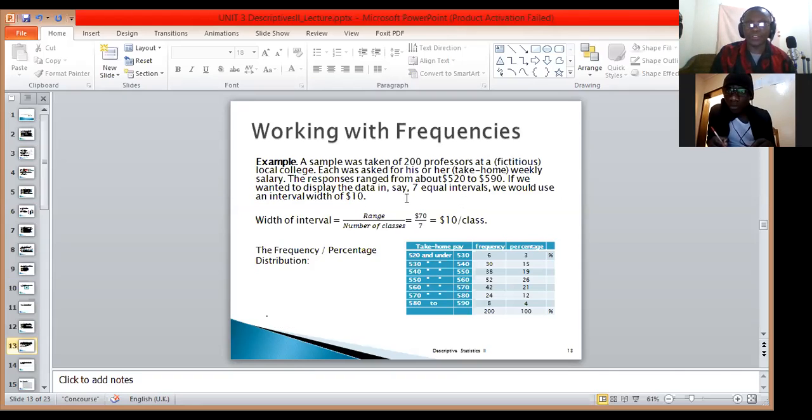In this question, they gave us 7 equal intervals. So the number of classes is 7. So you discover that the interval width is 10, while the data range is 70. So, these are not the same.